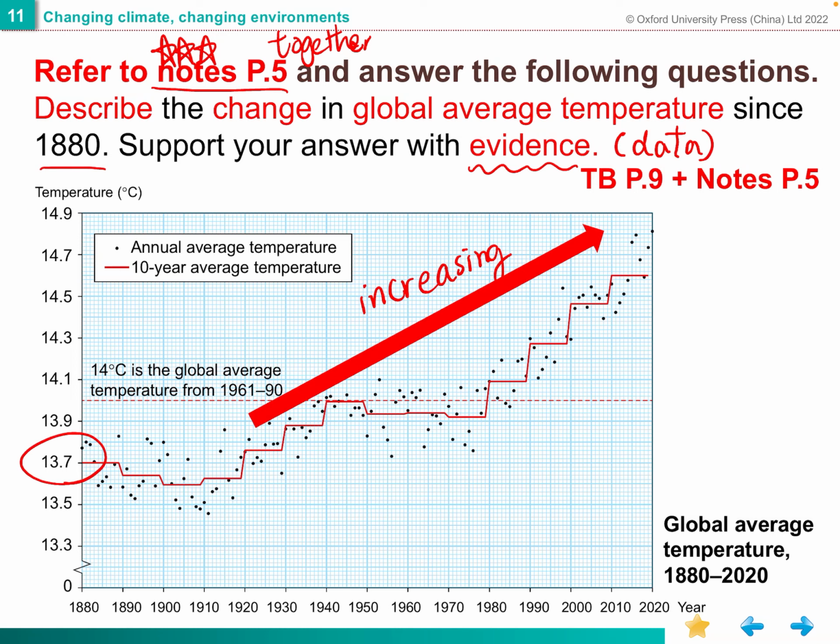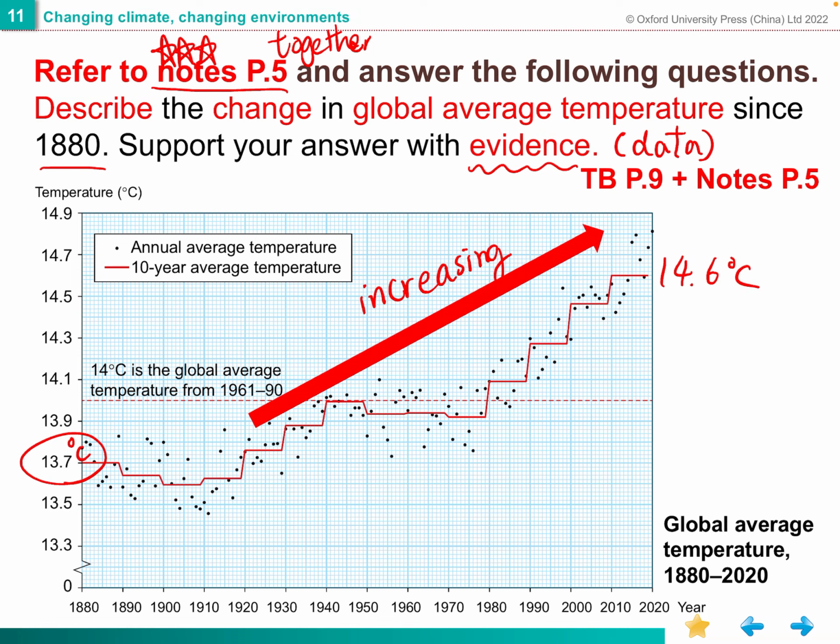In 1880, you can circle, the annual average temperature is only 13.7 degrees Celsius. And now in 2020, the number we try to match is 14.6. So it increased from 13.7 degrees Celsius to 14.6 degrees Celsius.